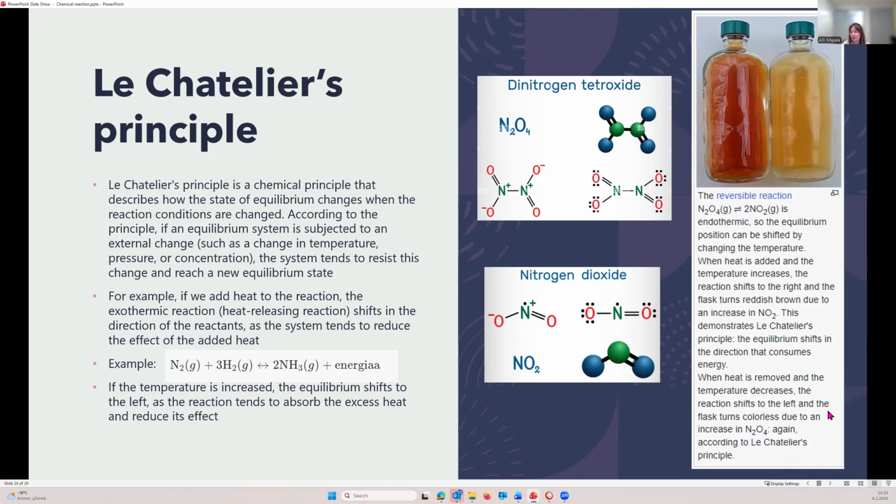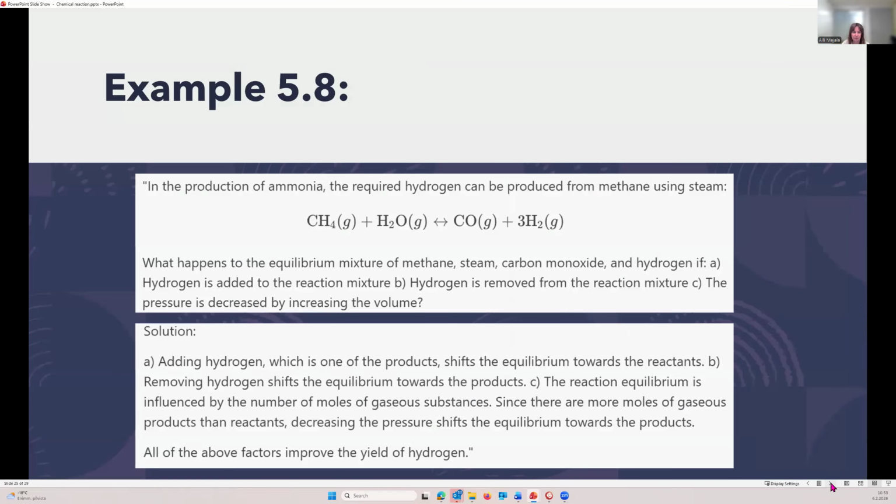Here's another example that you can also read. In the production of ammonia, the required hydrogen can be produced from methane using steam.